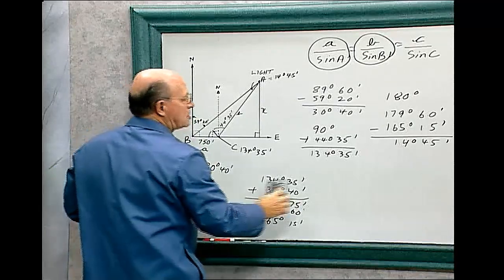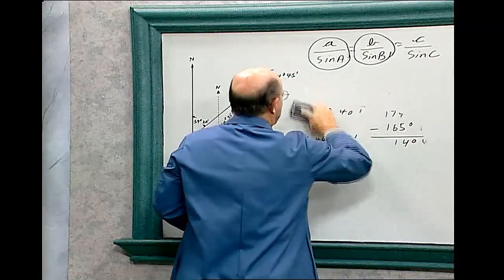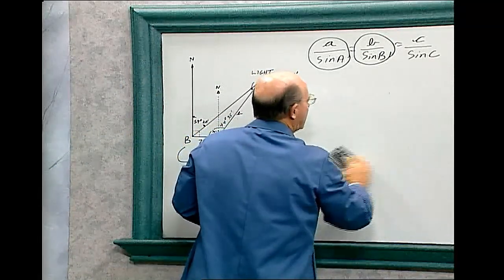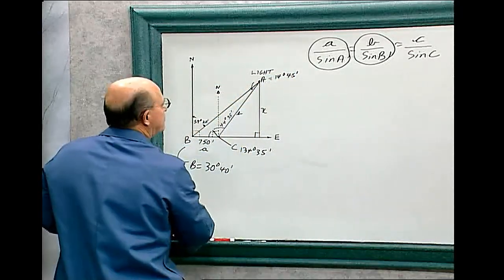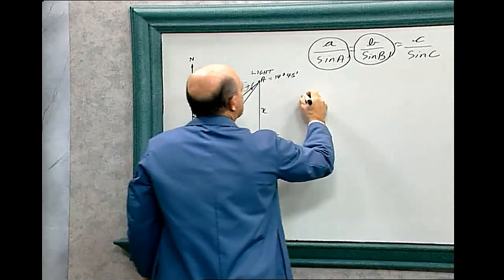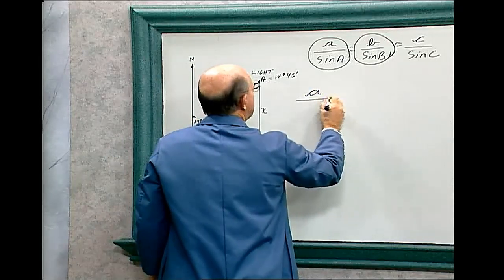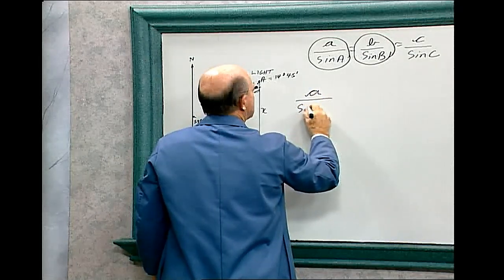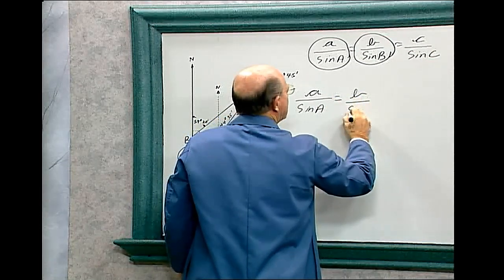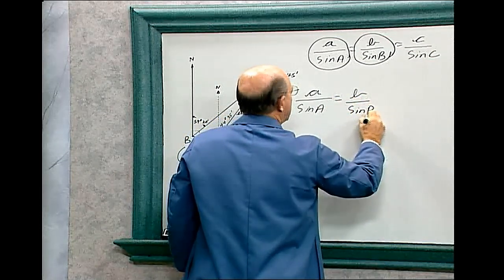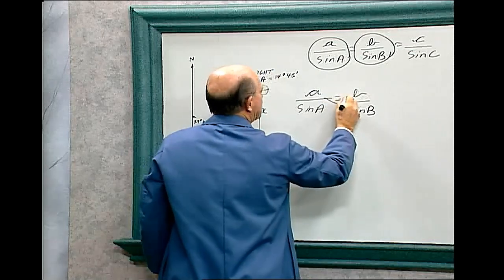So let me erase this over here so I have more room to write. So A over sine A equals B over sine B. Let's cross multiply.